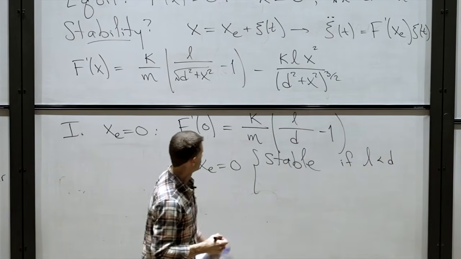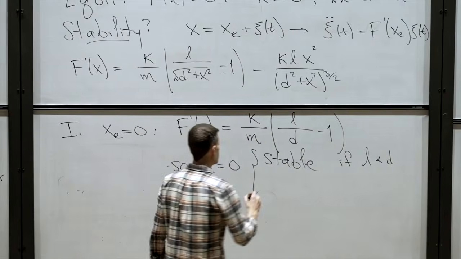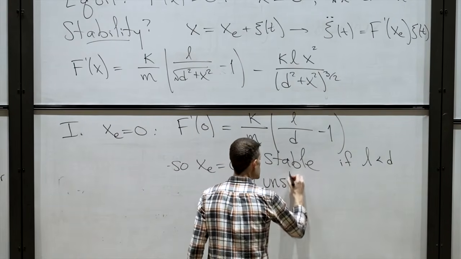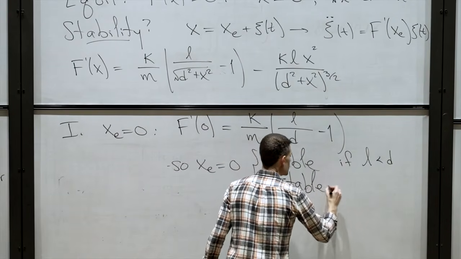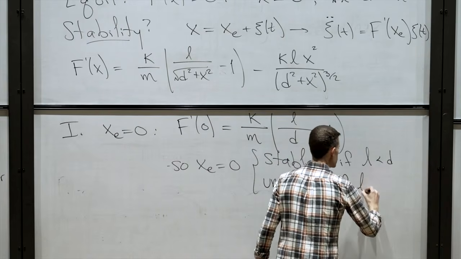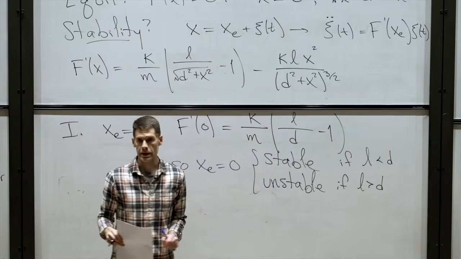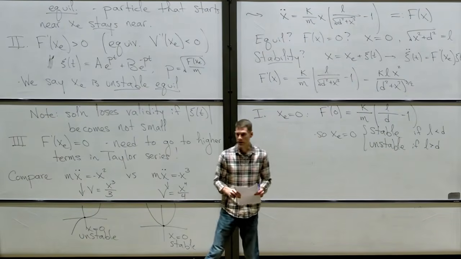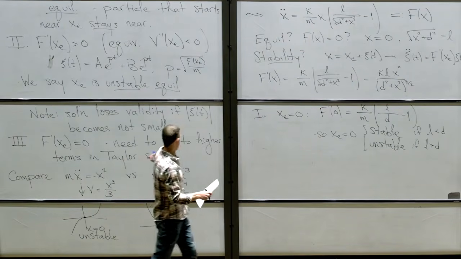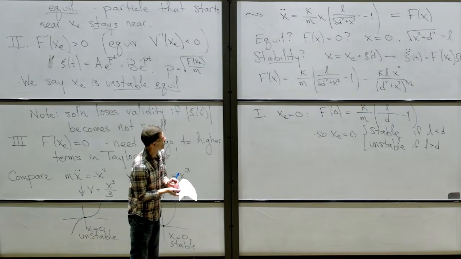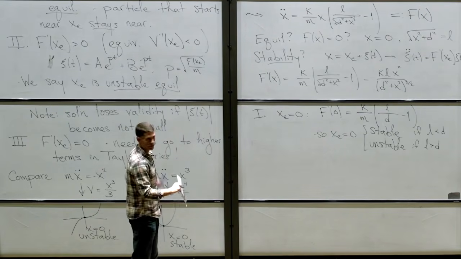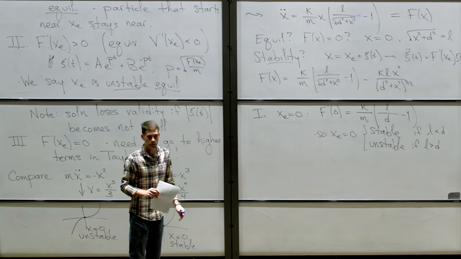And unstable if L is greater than D. With some sort of transition happening at L exactly equal to D, but the L equals D case falls into case 3, which we won't worry about.